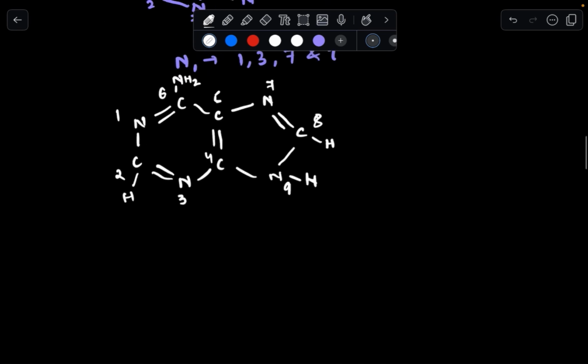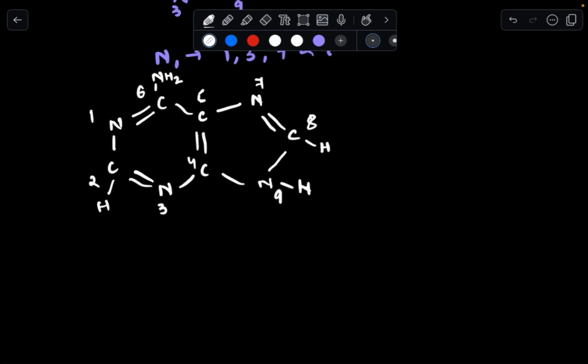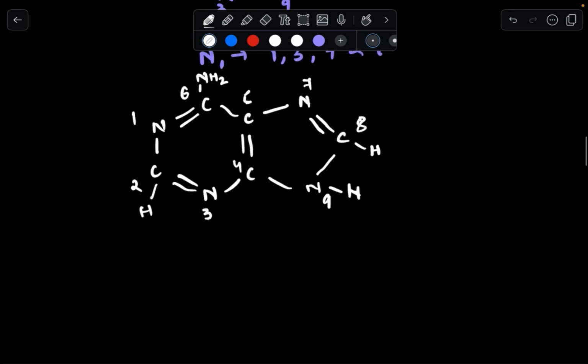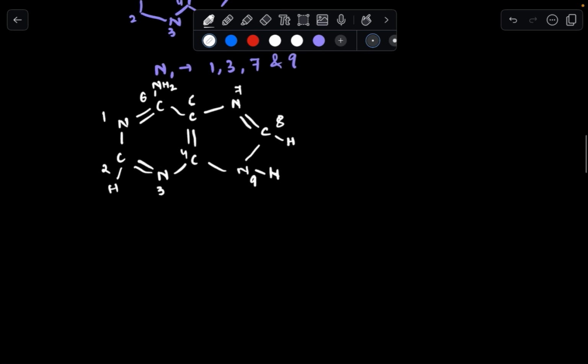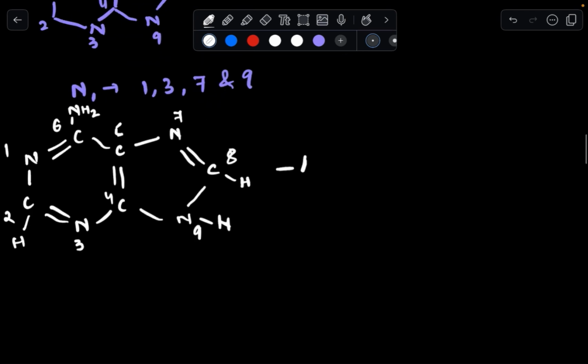So we have adenine, with nitrogen on the first and third positions, an amine group, NH2, at the 6th position, and also nitrogen on the 7th and 9th positions. And we have double bonds, just like the resonance structures of benzene have double bonds. Similarly, we have the double bonds on it. Coming to guanine, so this was adenine.